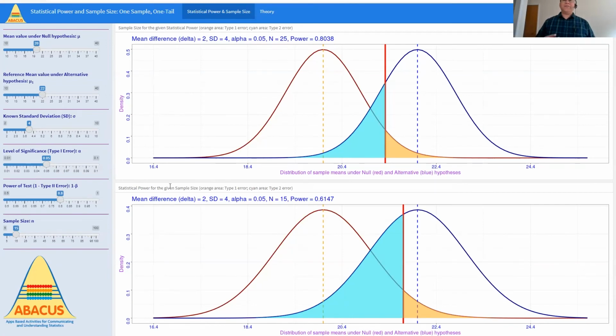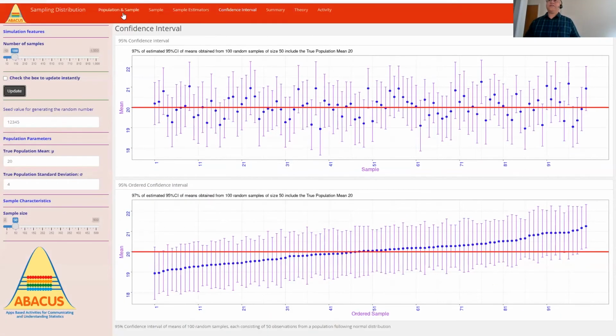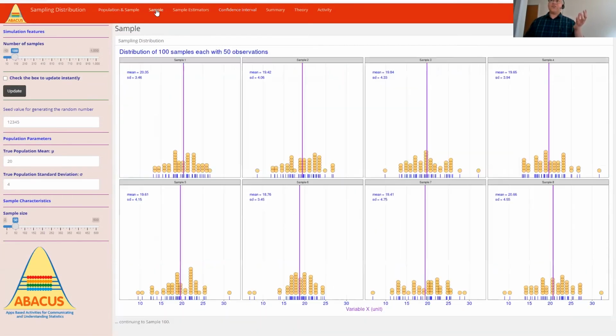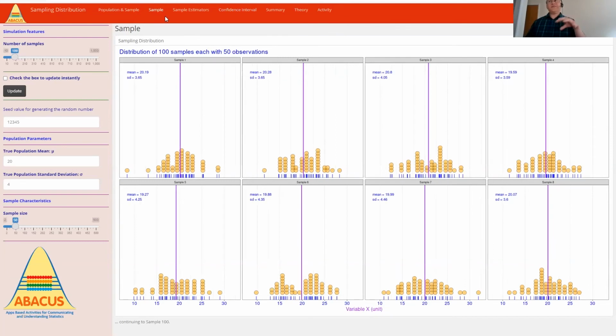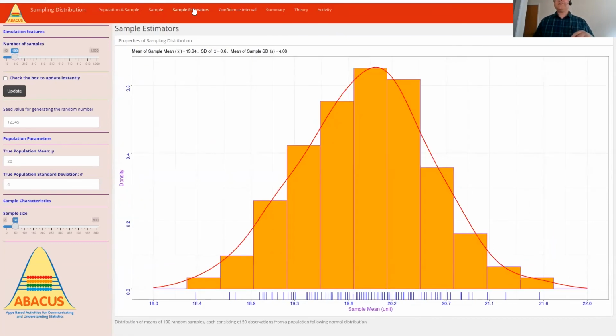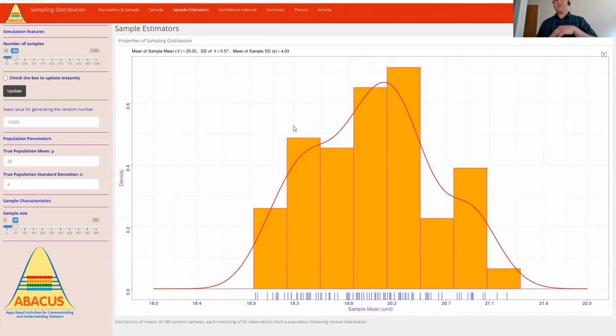If I just recap very quickly, we considered sampling distributions, then showed the frequentist view of sampling, and then showed the sample estimate, the distribution of the sample statistic, in this case the distribution of the sample mean. One thing I forgot to mention is that the sample mean follows a normal distribution.